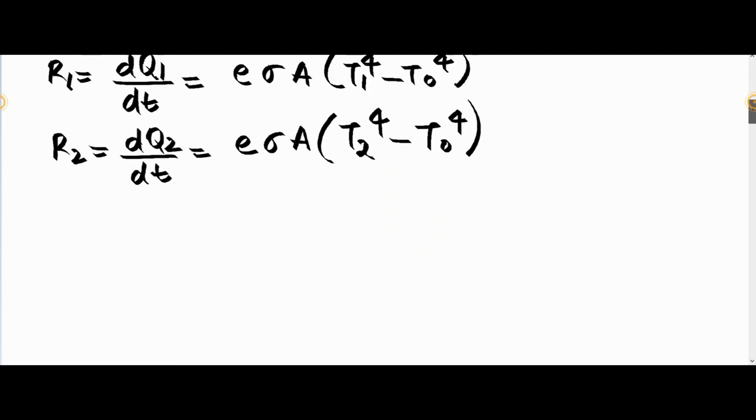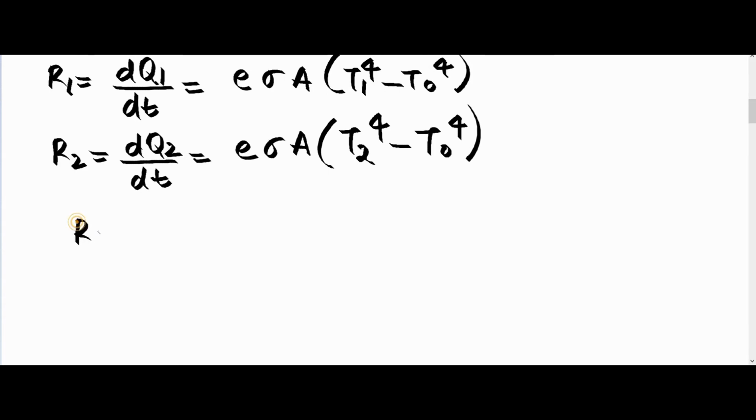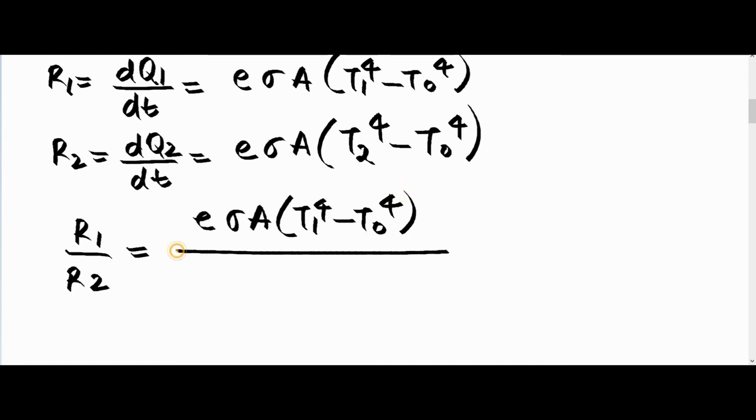Now let us take the ratio of these two terms, that is R1 upon R2 equals E sigma A, T1 raised to 4 minus T0 raised to 4, upon E sigma A, T2 raised to 4 minus T0 raised to 4.